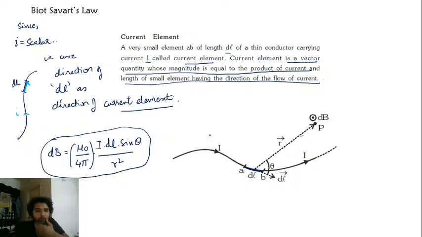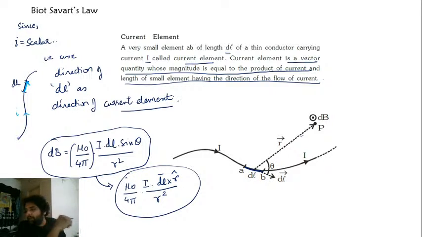So इसका एक और method भी है. The another formula which is given for this is mu naught by 4 pi into I into dl cross r by r cube, क्योंकि ये r वेक्टर जो है the magnitude of it will be r. If you want the magnitude to remain same, you have to multiply another r at the bottom. You can also write it as r cap by r square.